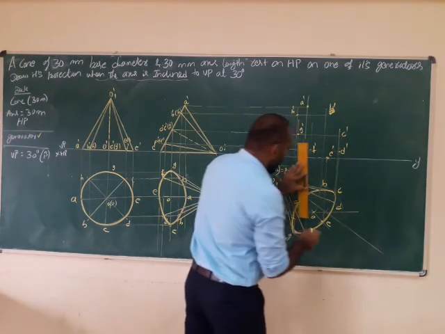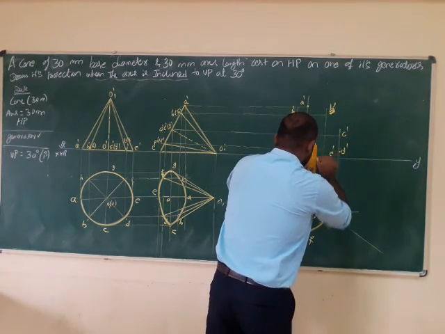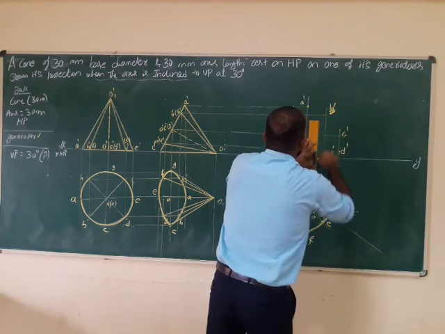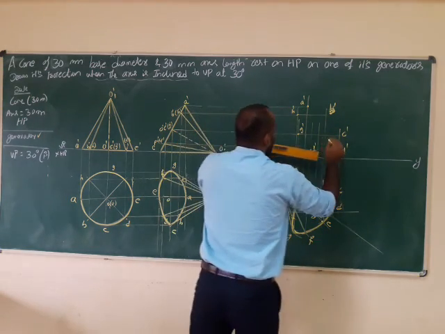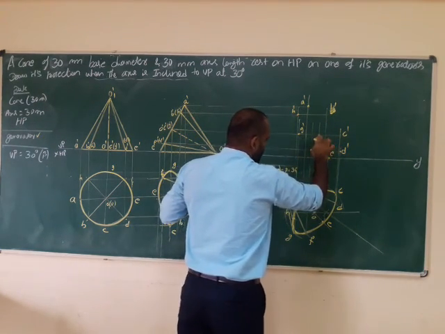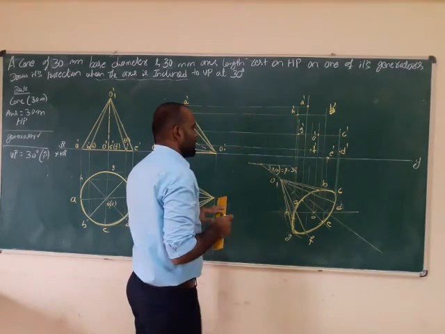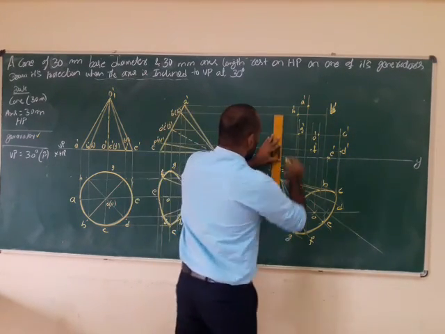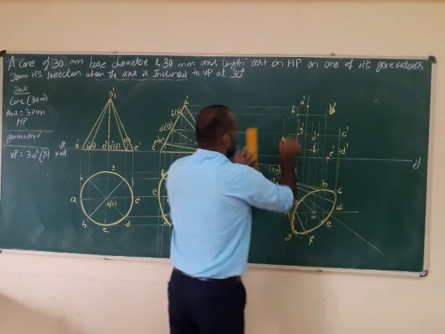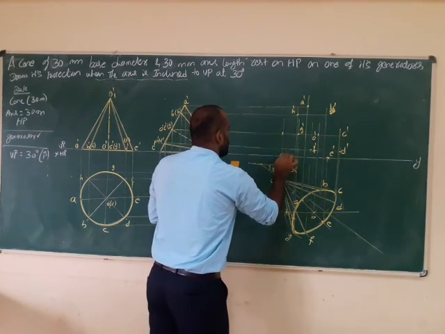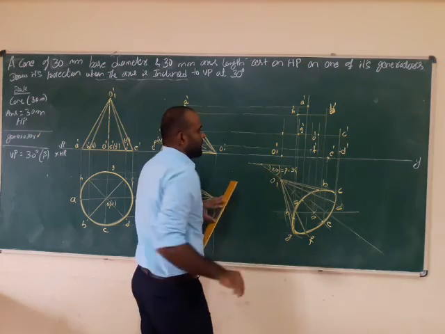Next you have to find out O also. From the center, the line is called O. The center line is called O dash. Now O1 you need to find out. That point is called O1 dash.